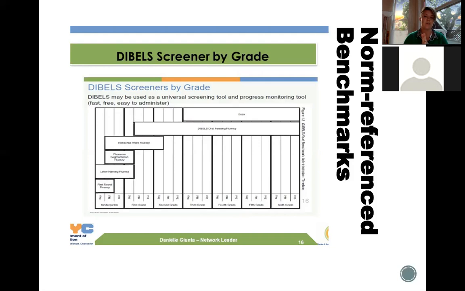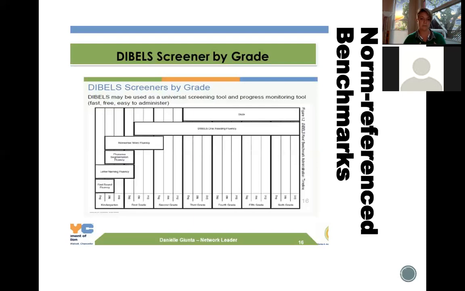And so while we've talked about phonemic awareness and the different other aspects, fluency, decoding, and reading comprehension as being different parts of the developmental cycle of learning to read, what DIBELS has done is looked at what are the benchmarks that tell us that a student is most likely to move to the next level. And in order to do that, they did a norm referenced analysis.